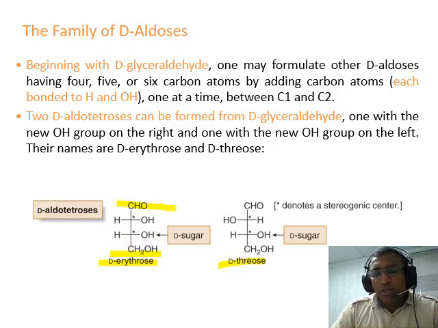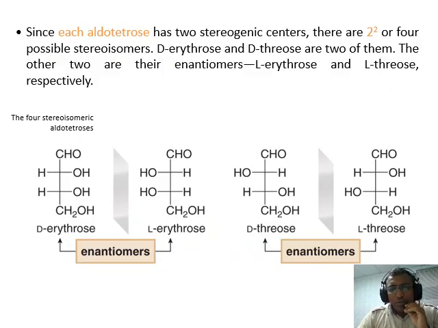Of course, if the stereogenic center number increases, there must be a way to determine how many stereoisomers. There's actually a formula, and that is shown in the next slide. This is the formula utilized, where it's 2 to the power of n. The n represents the number of stereogenic centers. So if there are 2 stereogenic centers for the aldotetrose, then these are all the 4 enantiomers relevant for this aldotetrose.